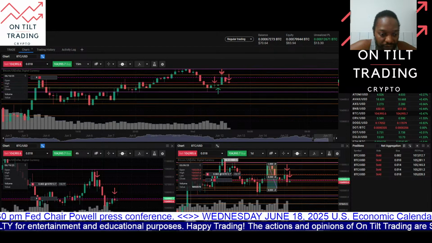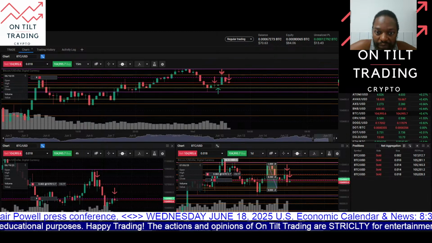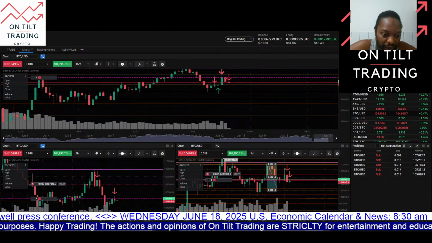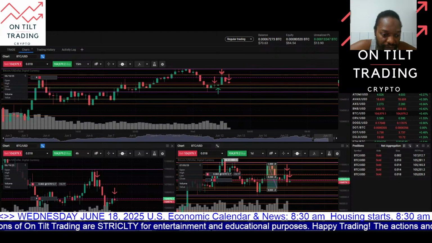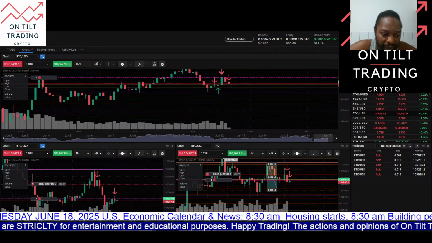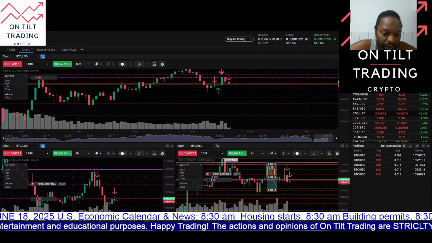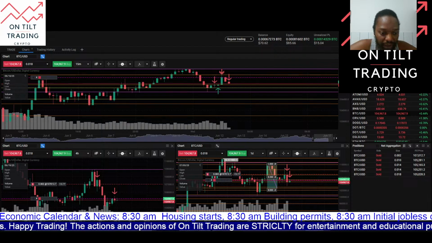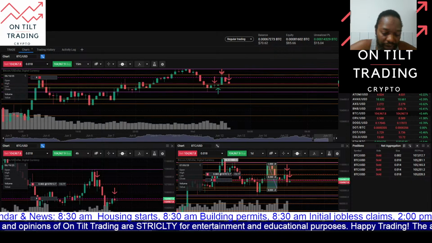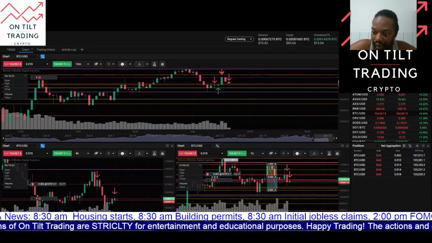And with this 4-hour chart, this may be setting up for the New York session, and the New York session may provide an opportunity to target the liquidity in this area, the sell side liquidity on the 4-hour chart.